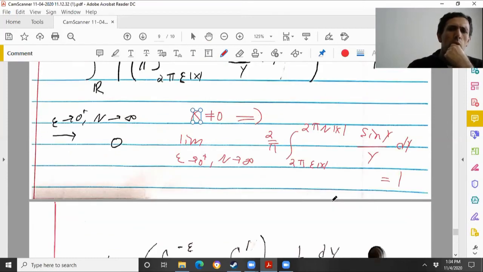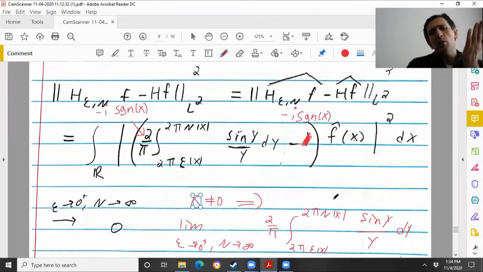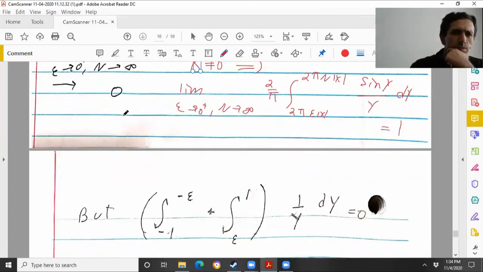So we know basically for a sequence of epsilons and n's, we know that h epsilon n. So let me just write this out. So here I mean little n goes to infinity. N goes to infinity.